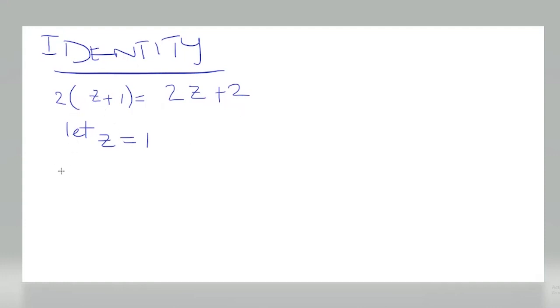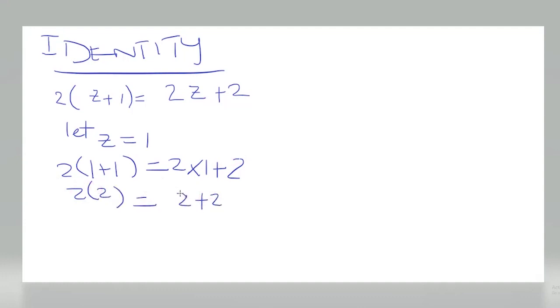Now I'm going to have 2, z is 1, then plus 1, this one is equal to 2. Z is 1, then times 1 plus 2. Inside I'm going to have 2 times 1, it is 2, then plus 2. Okay, 2 times 2 is 4, then it's equal to 4. Now, since the left-hand side is equal to the right-hand side, this one is an identity.